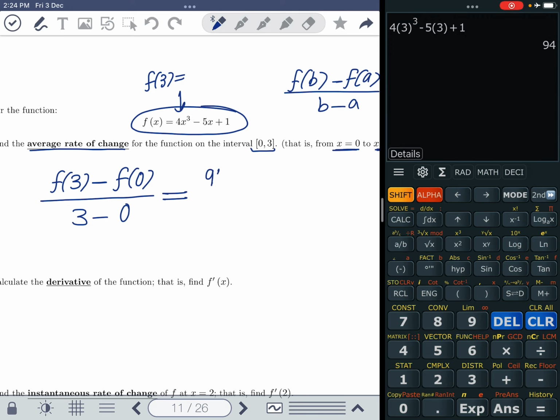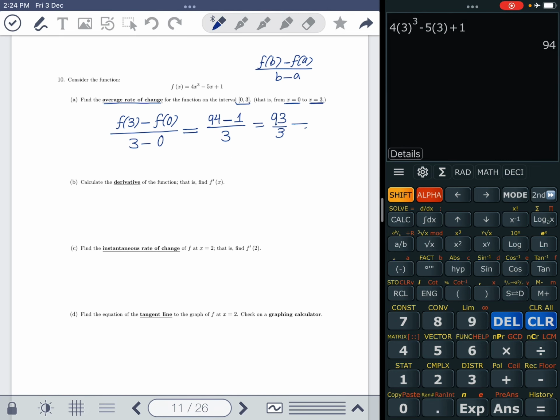So it's 94 minus f of 0. Now f of 0 is easy because it will cancel this and this. We'll get only 1. f of 0 is just 1. Over 3 minus 0 is 3. So this is 93 over 3. 93 over 3 is 31. So the average rate of change between the 2 points is 31 between 0 and 3.